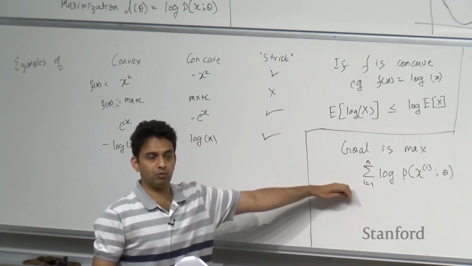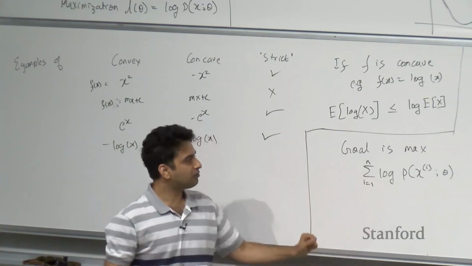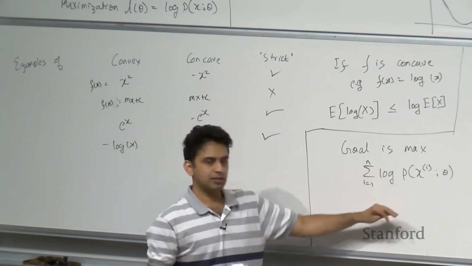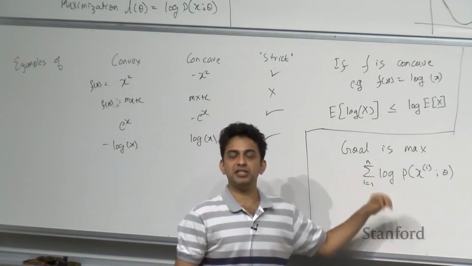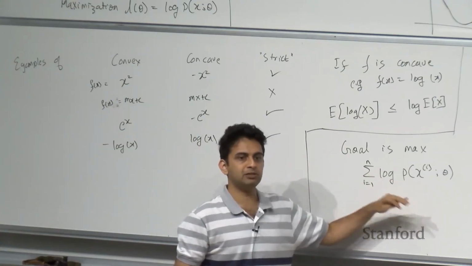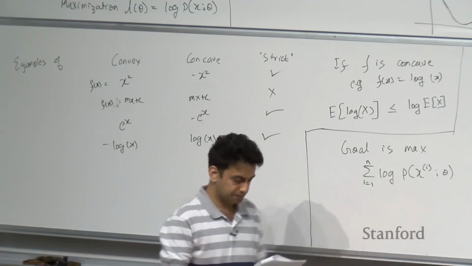That's the goal, what we are trying to achieve. This is our end goal. We want to maximize log p of x. However, maximizing log p of x can be hard because the z's are unobserved. If z's were observed, this would be very easy, but z's are unobserved, so it's hard. That's the setting we are in.